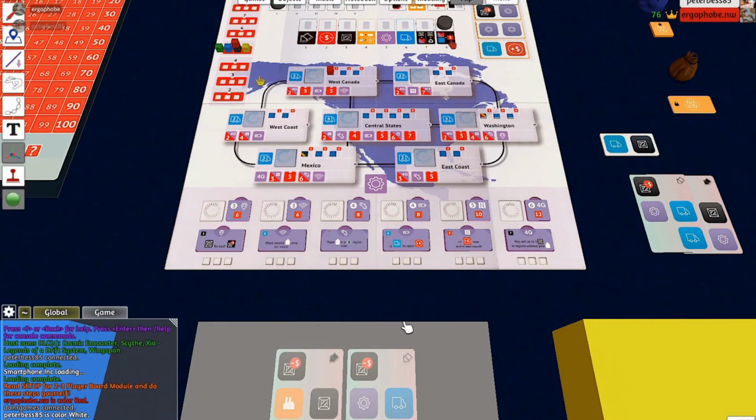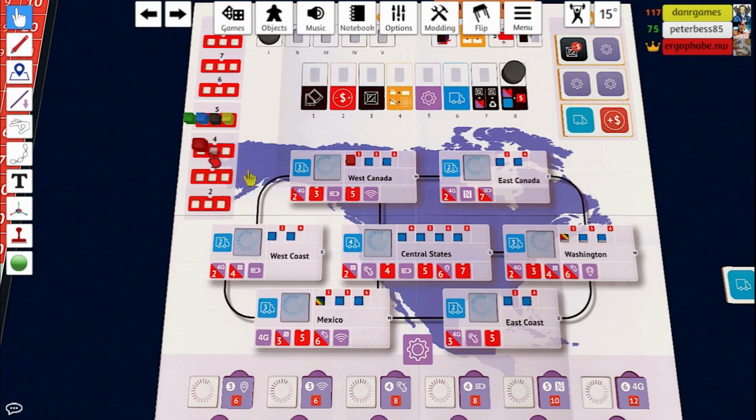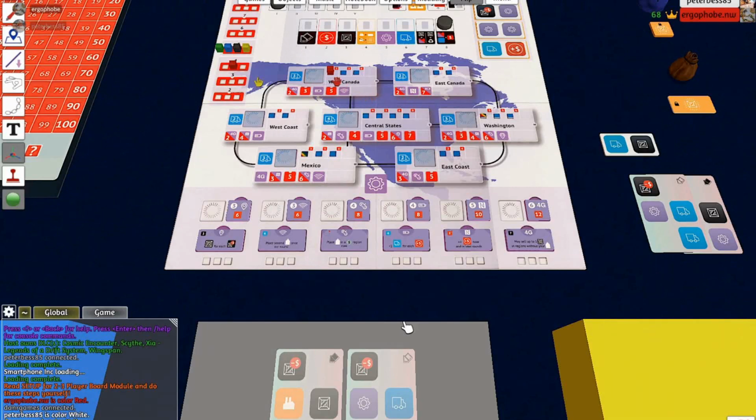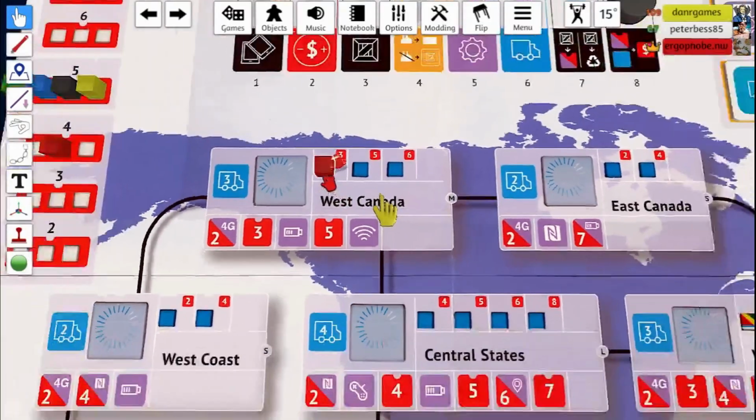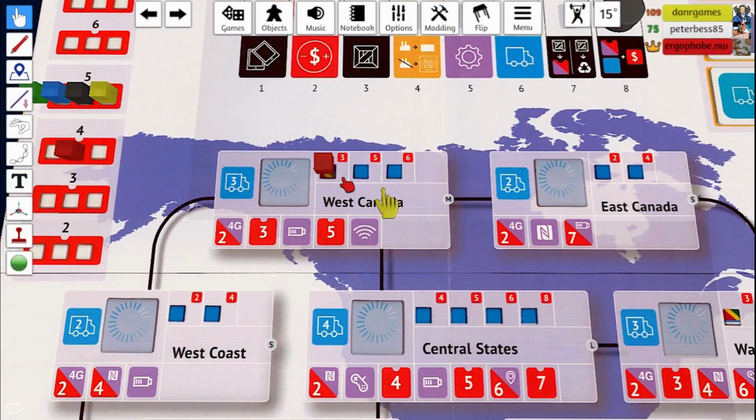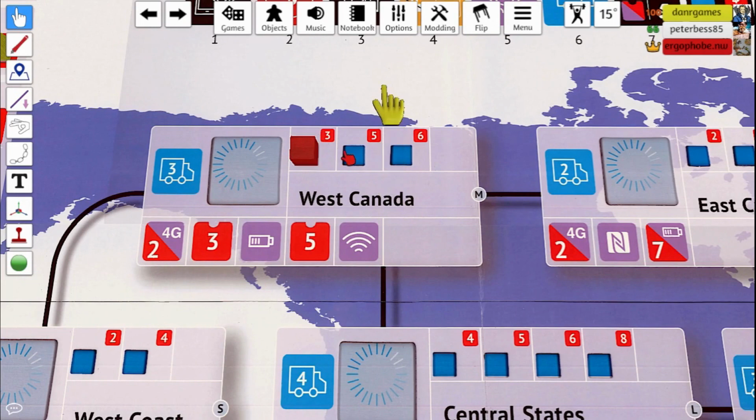The last phase is just calculating your points. Points are: you multiply the cost of your phone times the number of places you sold. And also, up top of each area are majority bonuses, based on how many offices are in there. So if only one person has an office here, the majority bonus is 3. If maybe Peter had come in later and gone here, the majority bonus would now be 5.